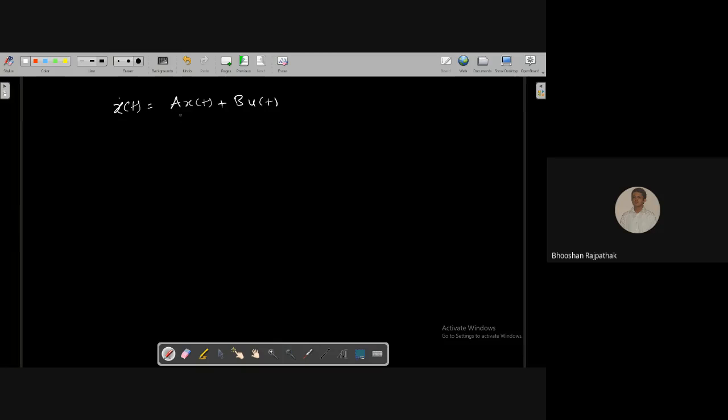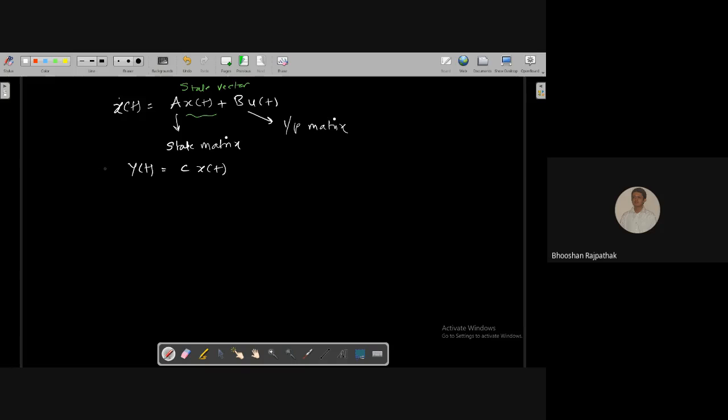This is called the state matrix, this is called the input matrix, and this is our state vector. And the output equation is y of t equals C x of t.